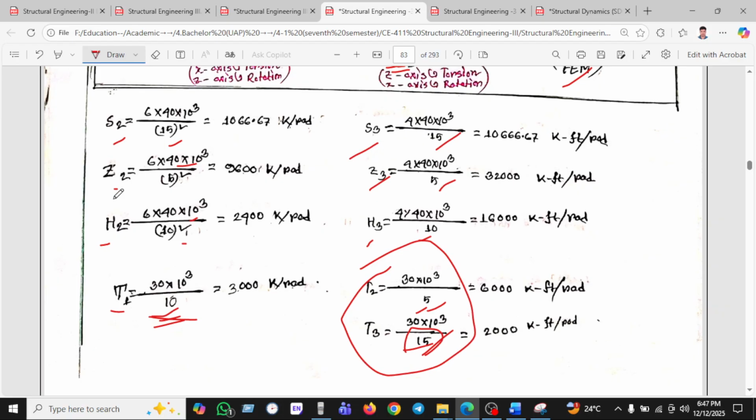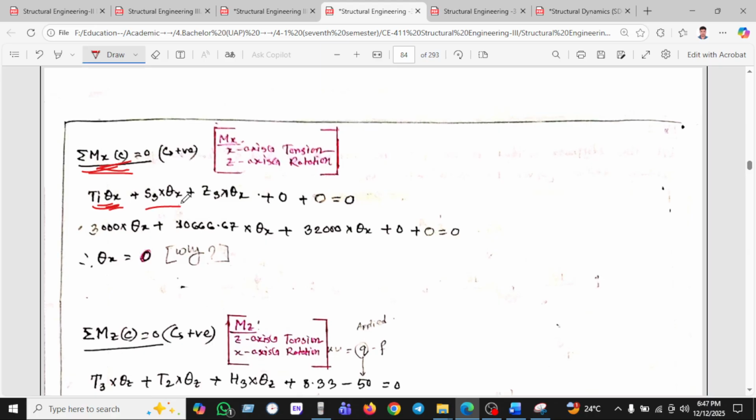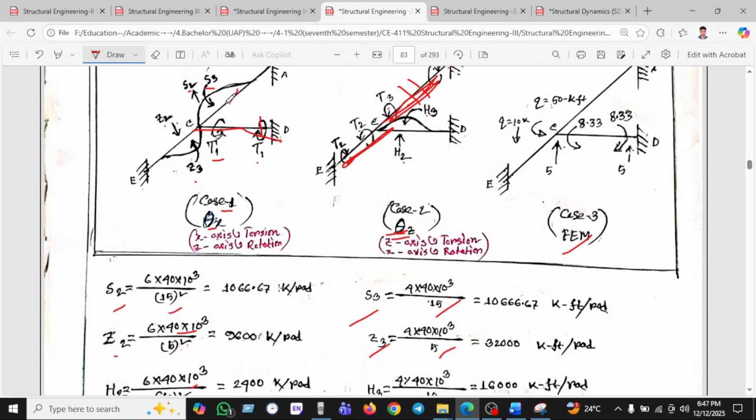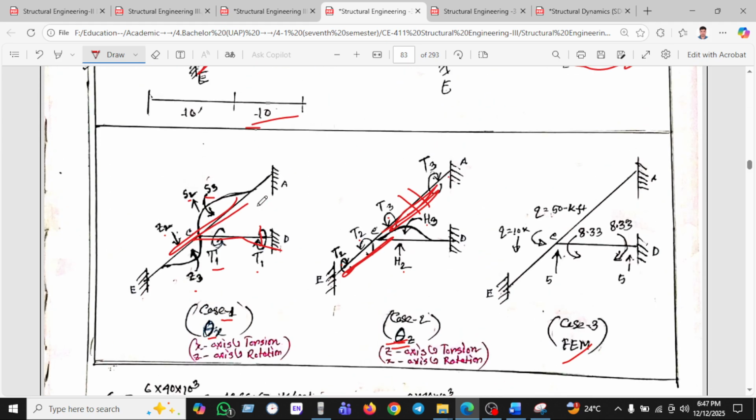This is T1x, and second we take the rotation here. There is a rotation direction, it is taken as S3, this is S3, and Z3 we have also taken, Z3x, this is Z3.